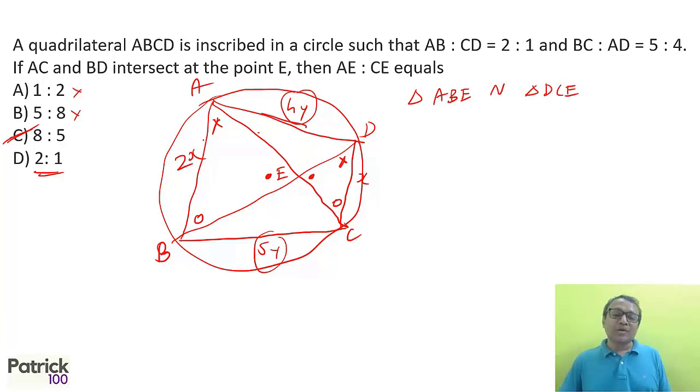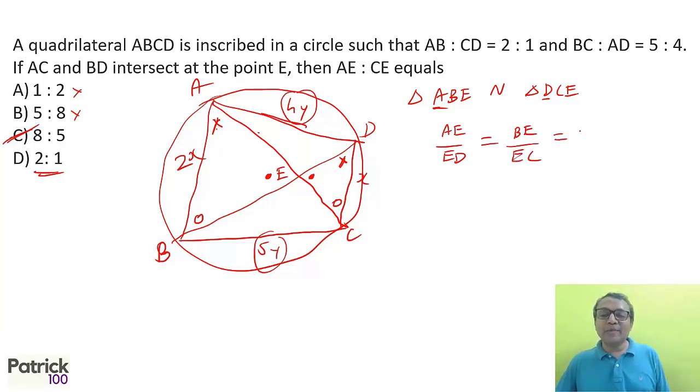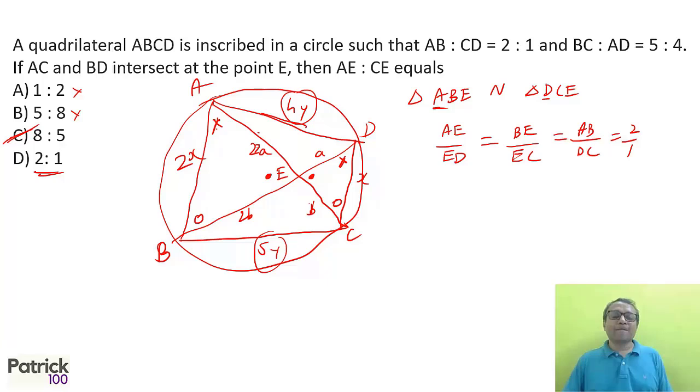So AE is to ED will be equal to BE is to EC, which will be equal to AB upon DC, which is 2:1. So the ratio of these two is 2:1, let's say 2A and A, and in the same way 2B upon B.